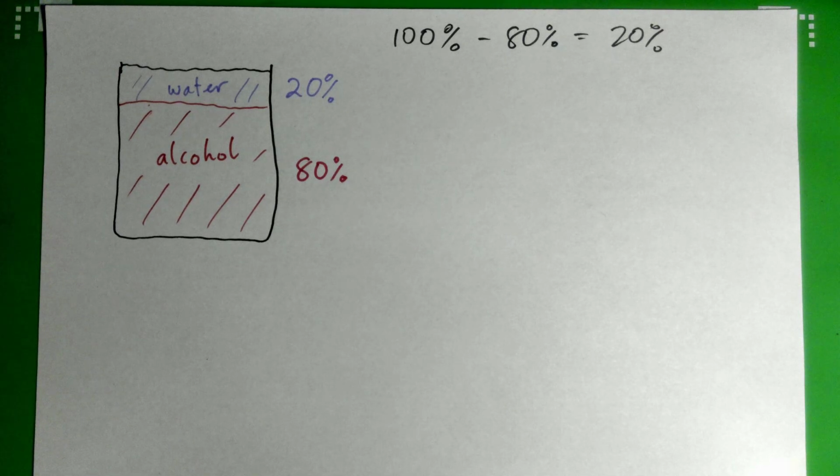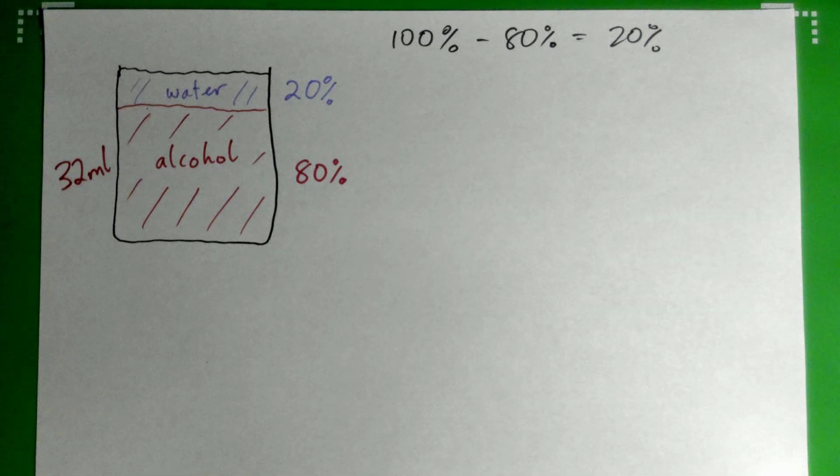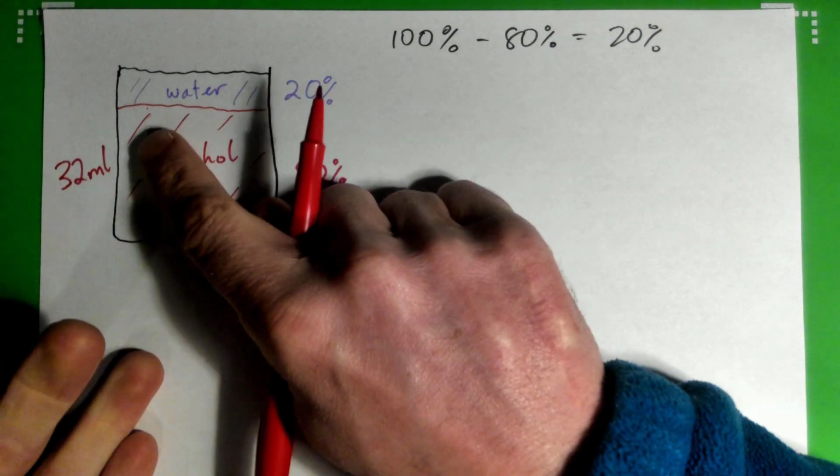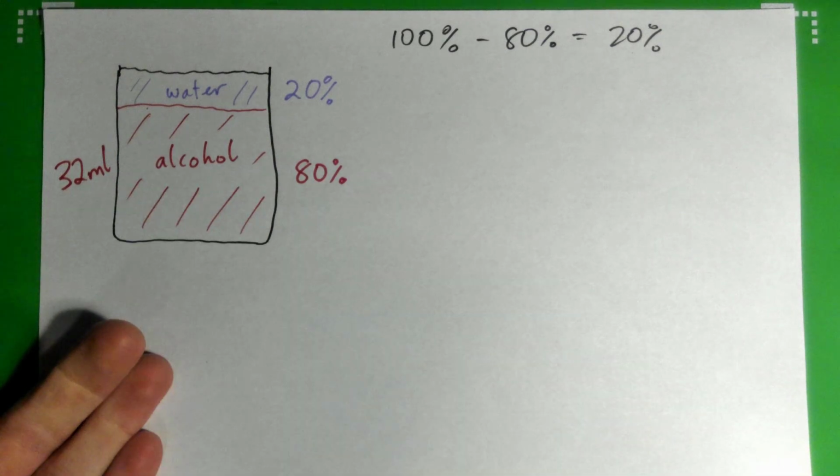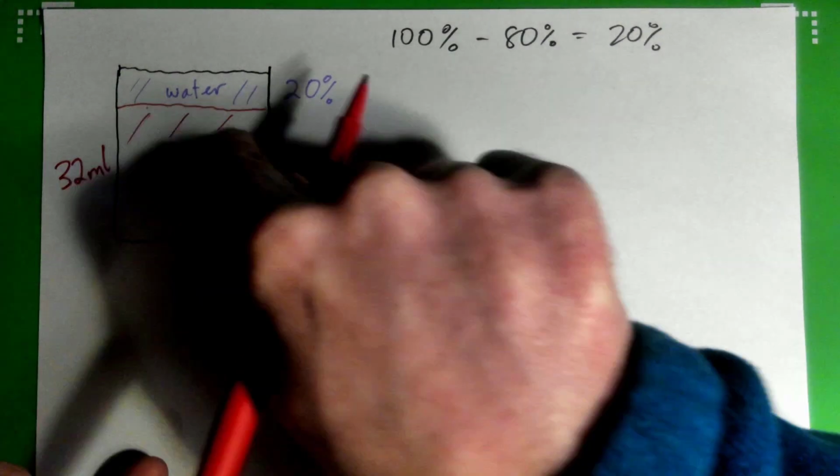Okay, so what it means is that the alcohol is 32 milliliters, right?